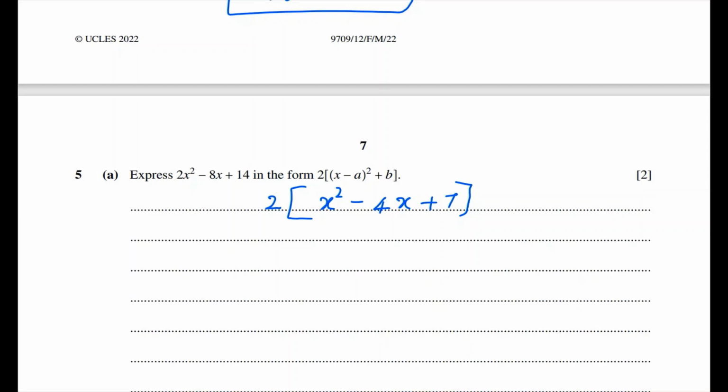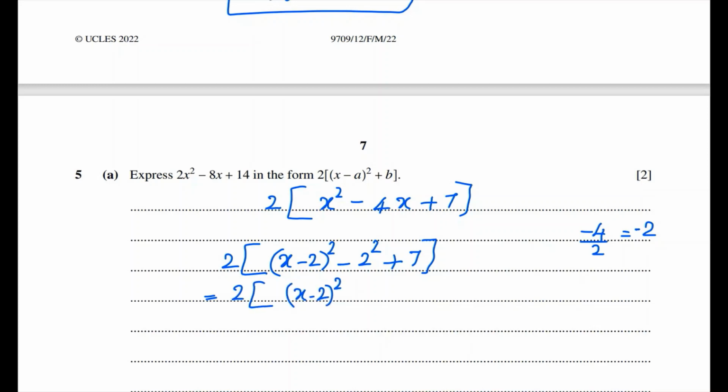Now see what is the coefficient of x. Here the coefficient of x is minus 4. Minus 4 divided by 2 gives 2. So the given expression can be written as x minus 2 the whole square minus 2 square plus 7, which is nothing but 2 of x minus 2 the whole square.